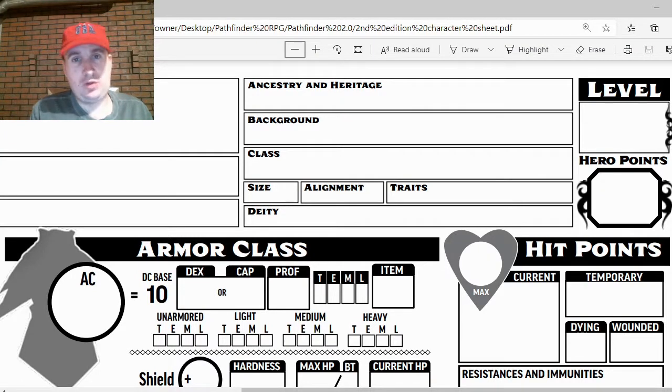Below that on your character sheet is where you put your hero points. Hero points are a measure of your character's ability to do amazing things.